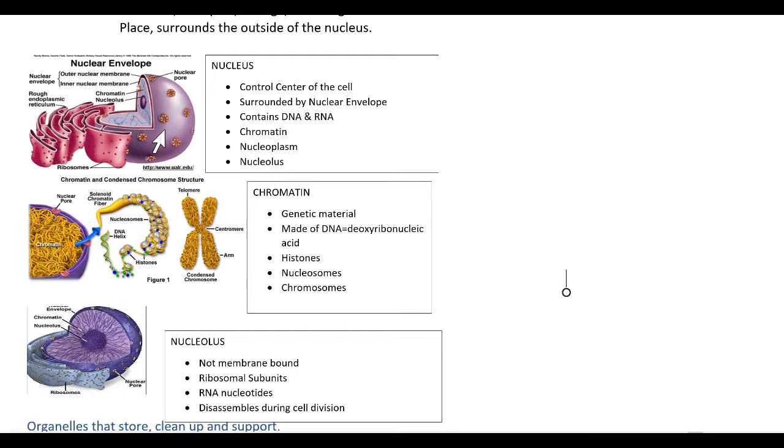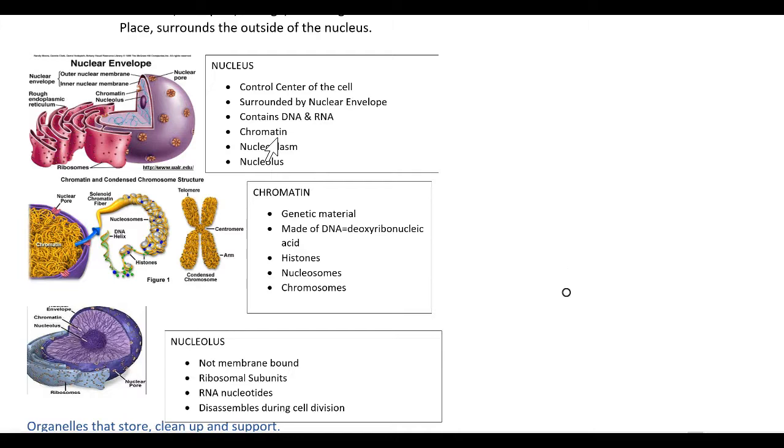Inside of the nucleus is this thread-like material that you see here. That's called chromatin, and chromatin is the way that the DNA appears during different stages of the life of the cell. Chromatin is actually Greek and means thread-like.